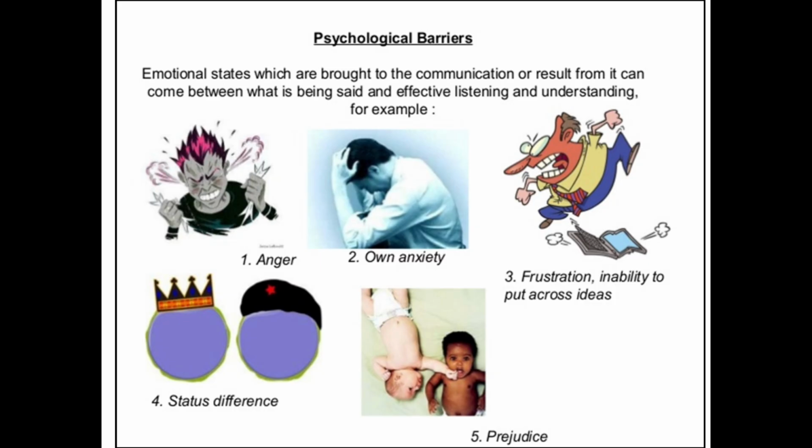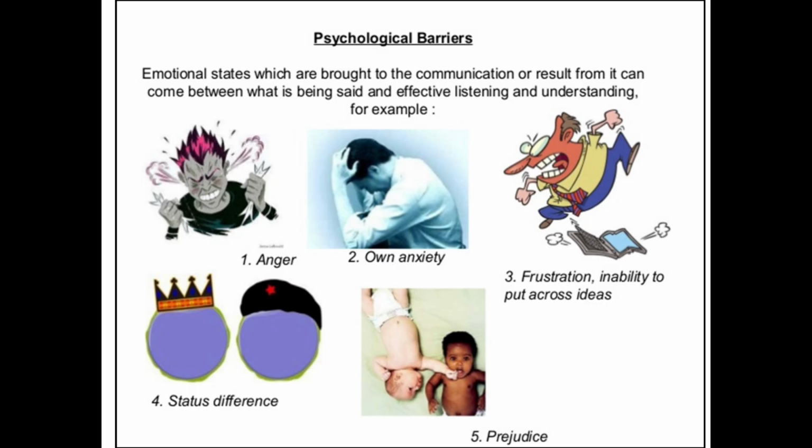A non-verbal aspect here shows that the person is very angry. We have to avoid this person whenever he is in this condition, and we can resume our communication with them whenever they are calm.